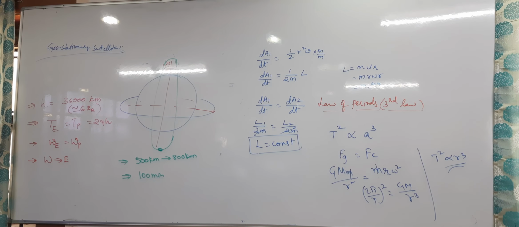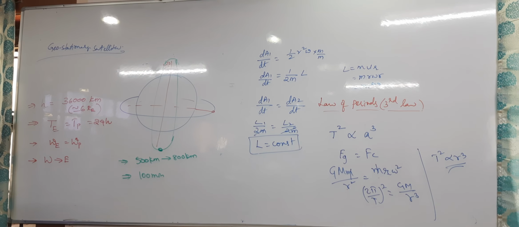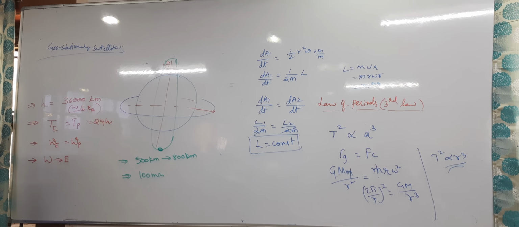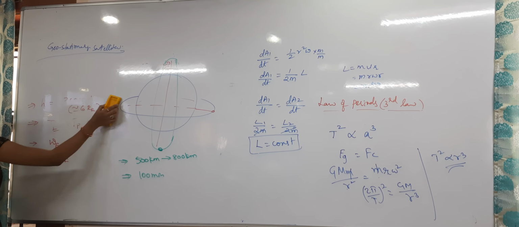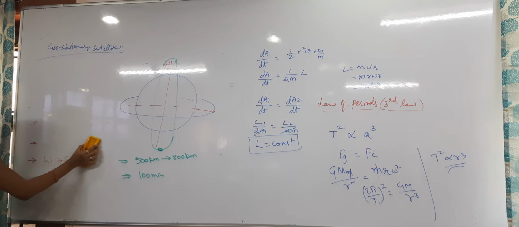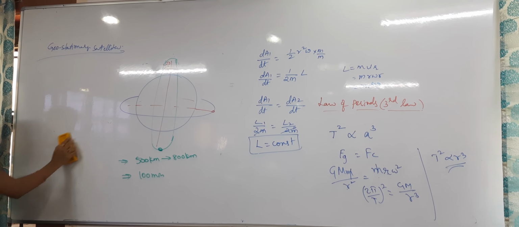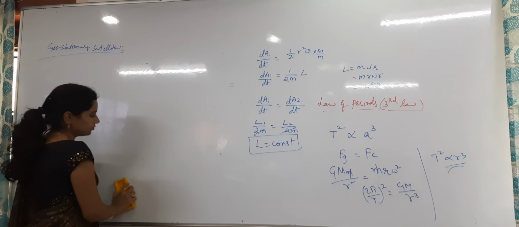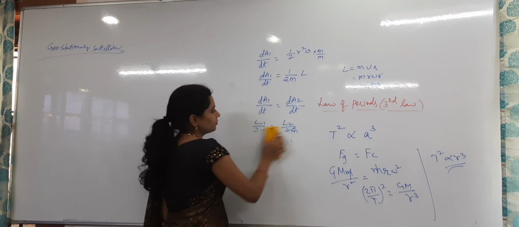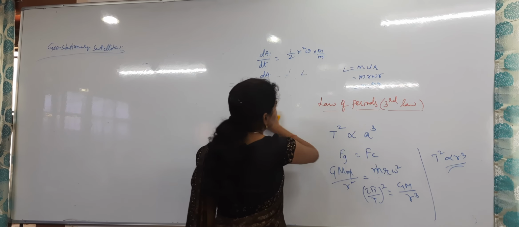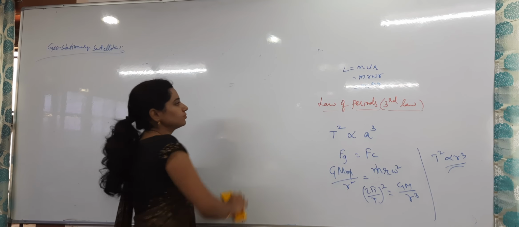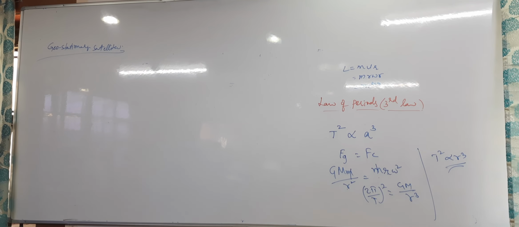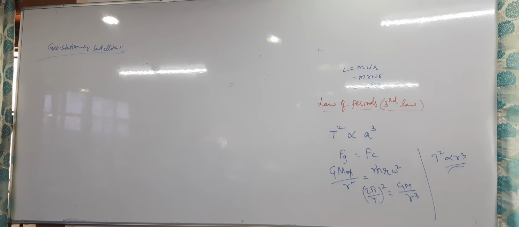Orbital velocity is exactly half of the escape velocity. There only half of the answer is there. How much? H is equals to? Very good, Mantrishti. H is equals to R you will get. And second one will be little difficult.